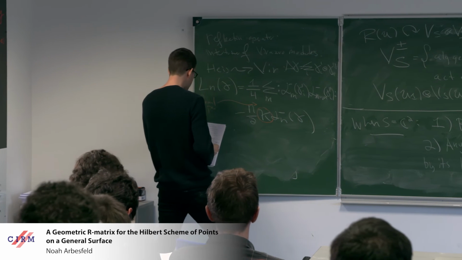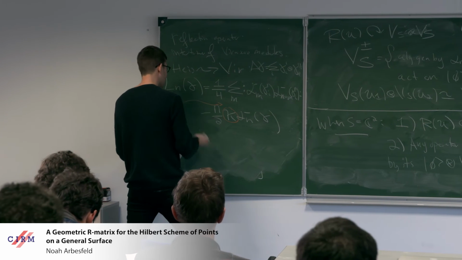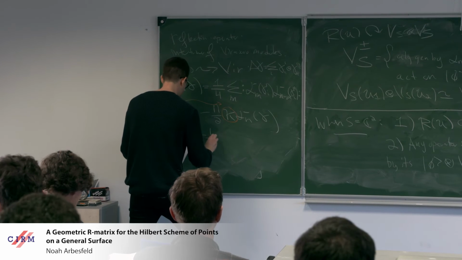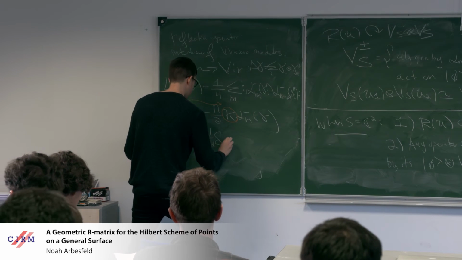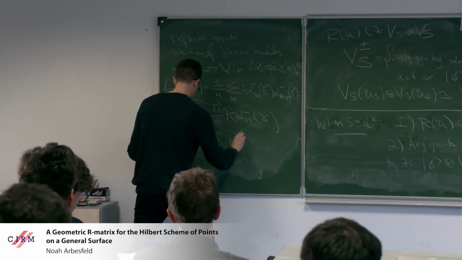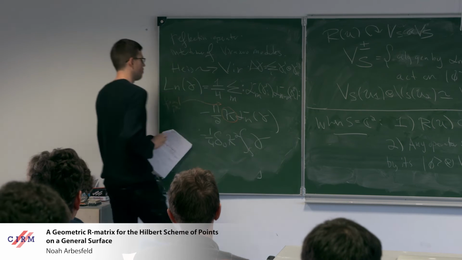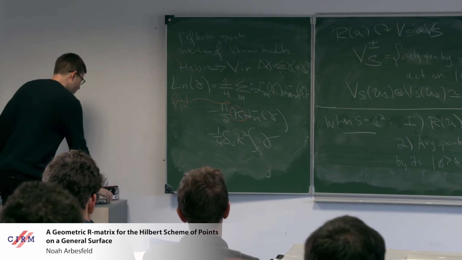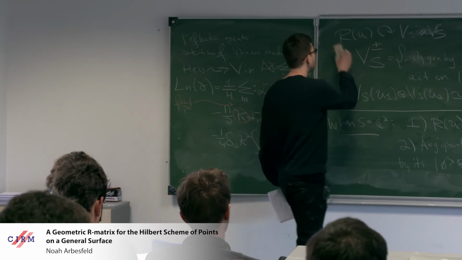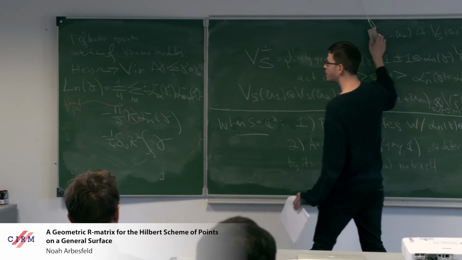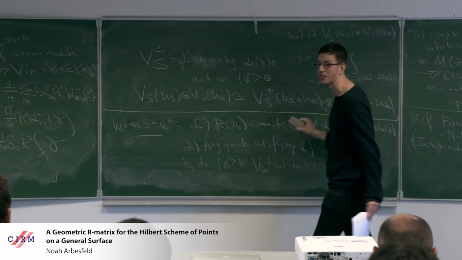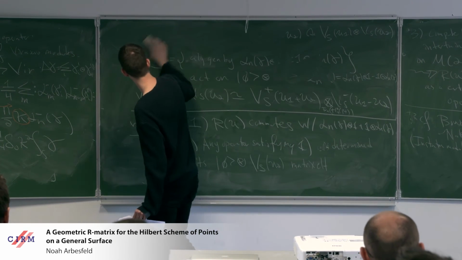And then finally, there's some kind of correction we'd like to the zero mode. That's not particularly important. So it just looks like the usual way to pass from Heisenberg to Virasoro with some kind of decorations coming from cohomology of the surface.